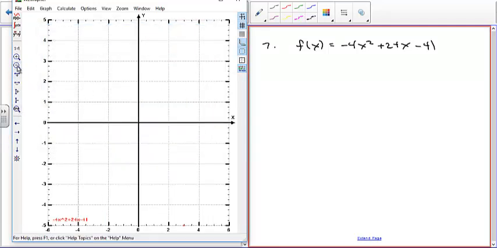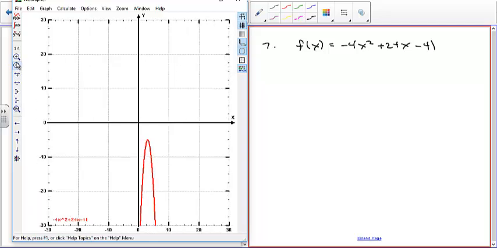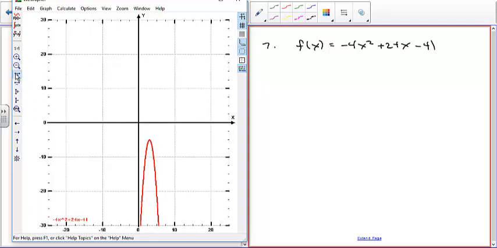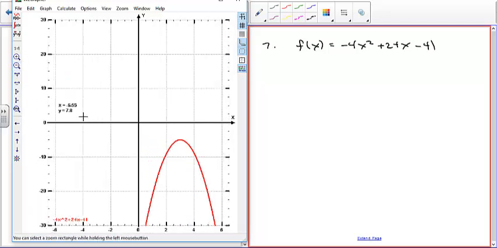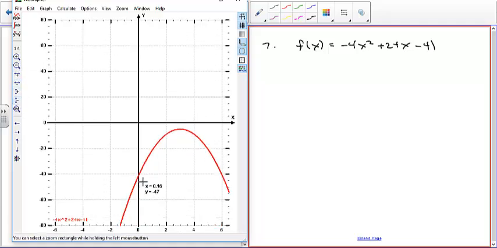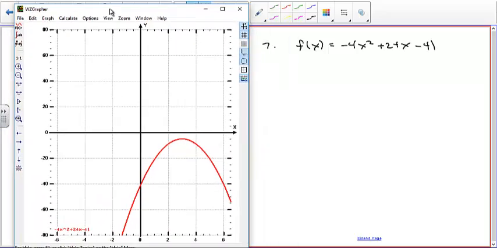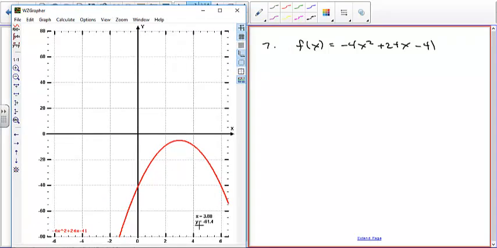Okay, we're going to have to zoom out to see where it goes. So you can see there are no x-intercepts. There is a y-intercept if we go out far enough here. It's negative 41. Okay, so there are no x-intercepts. So let's click on that.